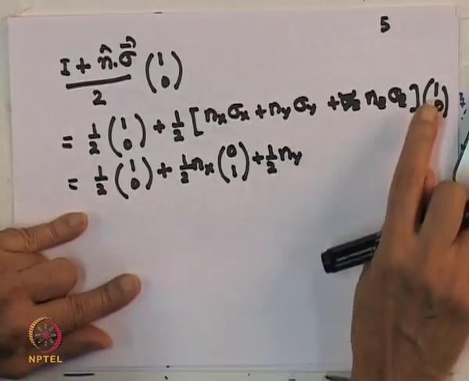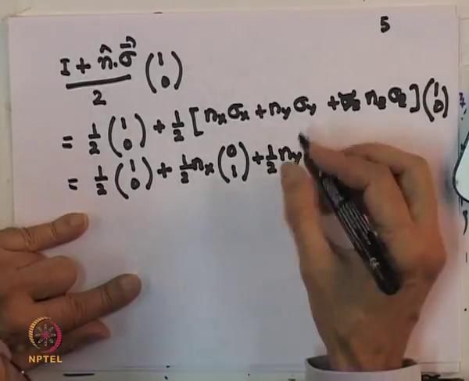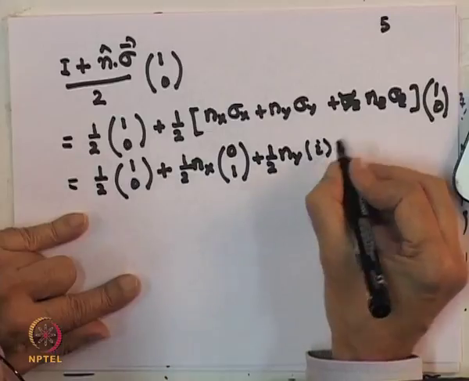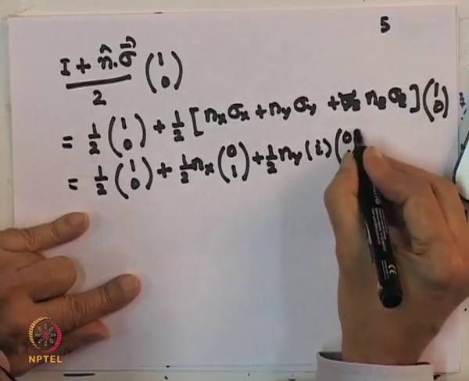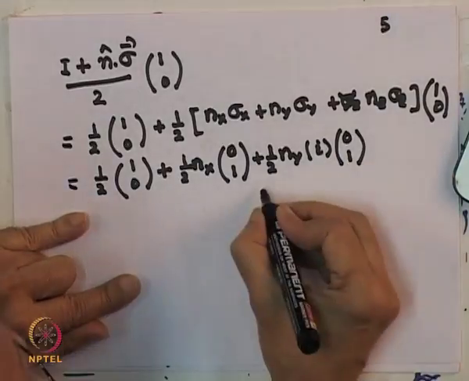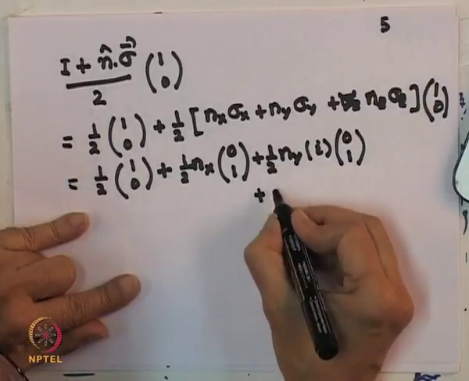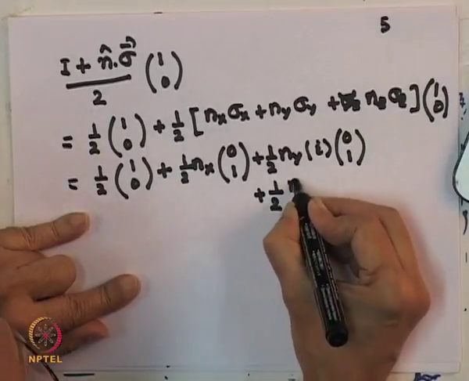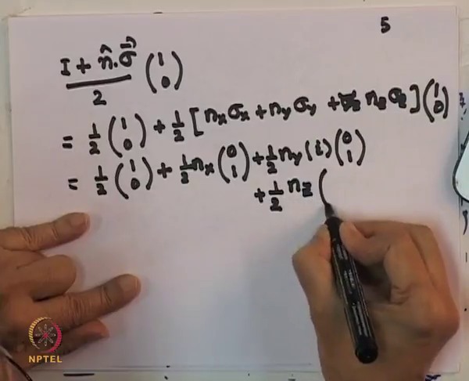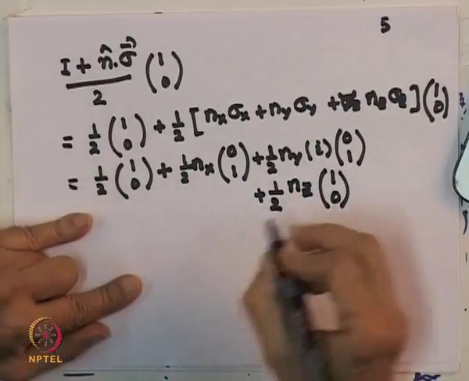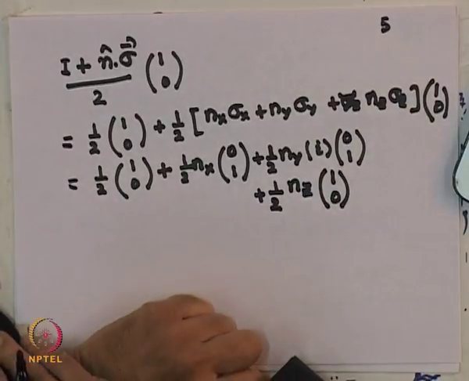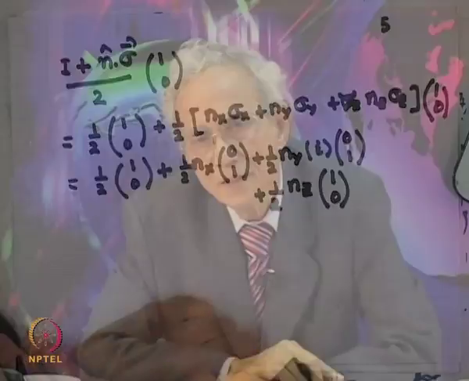Now sigma y acting on 1 0 also flips it, but there is a factor of i there. And as before, sigma z does nothing, so therefore it is 1 0. Now remember, this term will pick up a minus sign if it were to act on the 0 1 state.